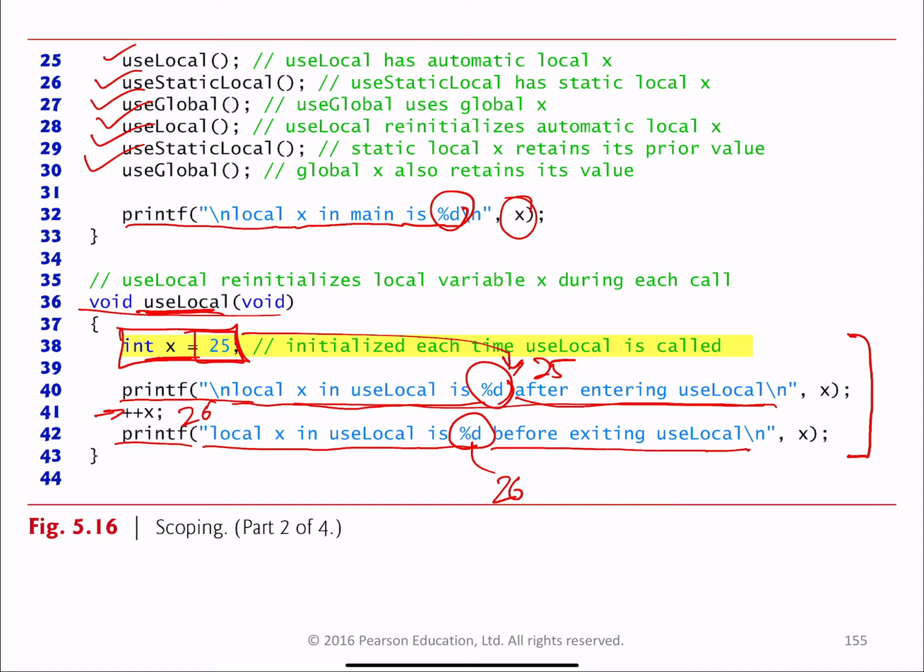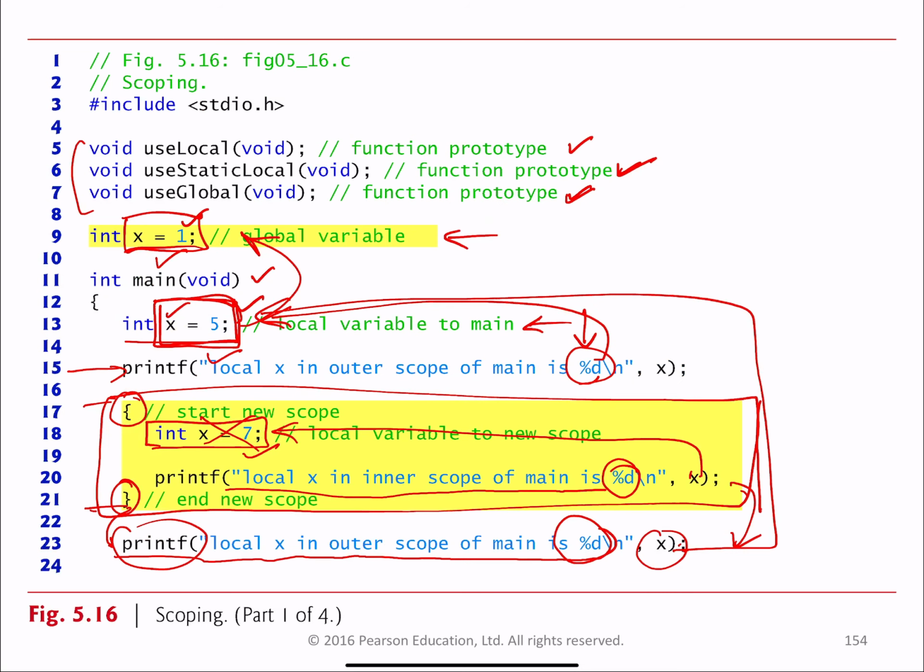So the scope of this local variable x, whose value starts as initialized to 25, overrides the scope of the global variable x, which is initialized to 1.